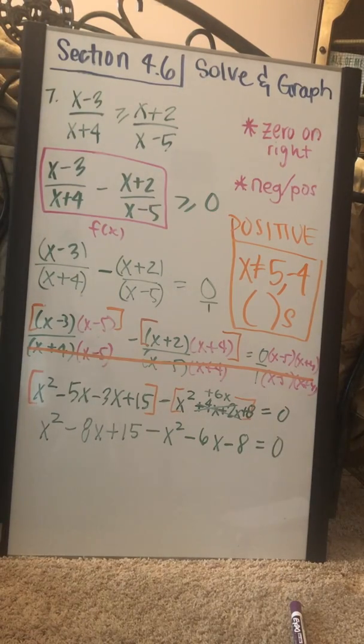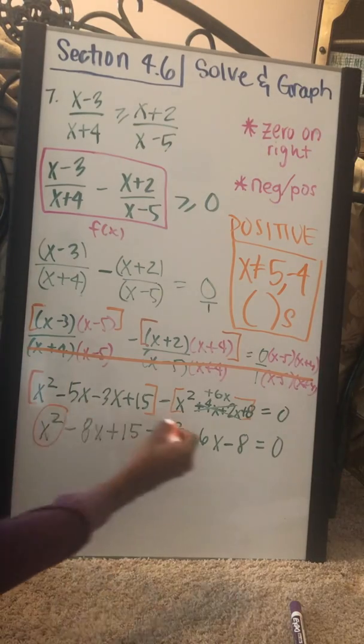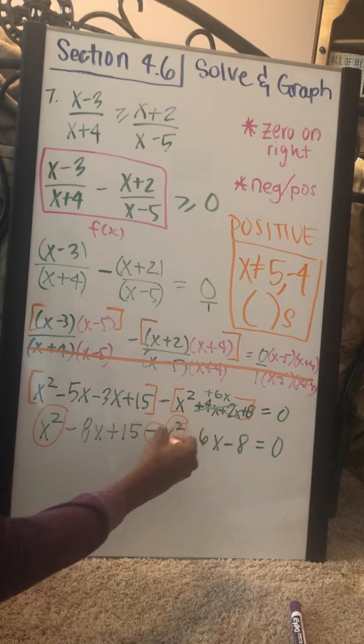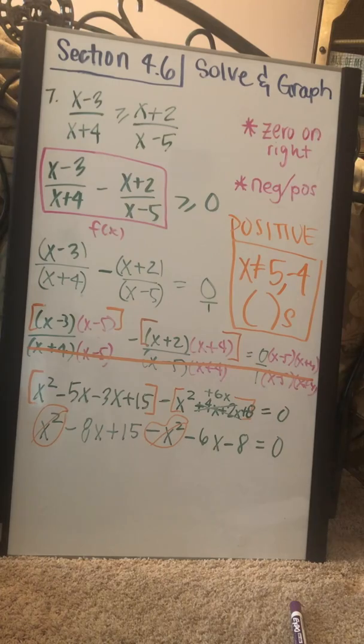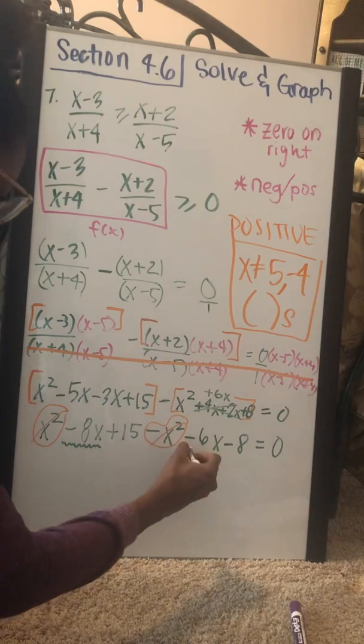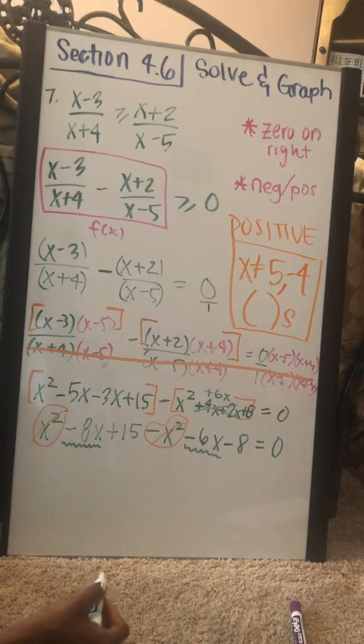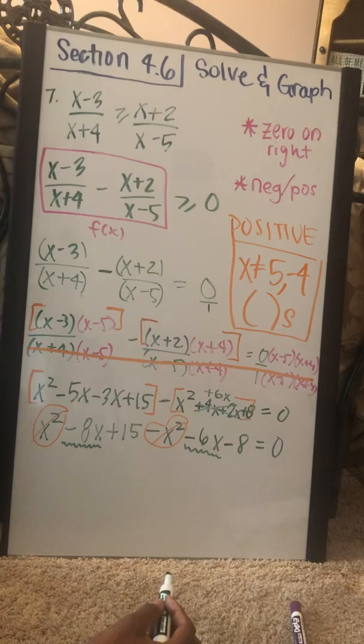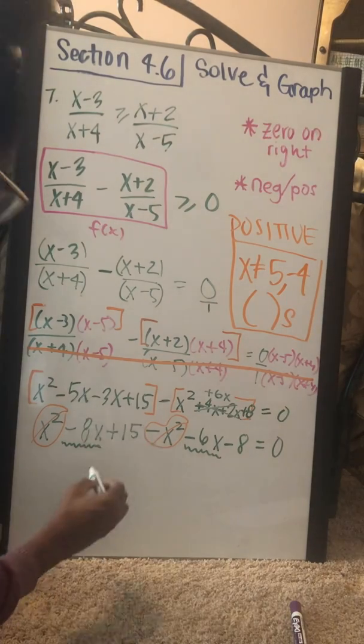And then we can combine our like terms. Luckily for us, this x squared and this negative x squared end up canceling each other out, which makes our life a lot simpler. Okay, we can combine this negative 8 and negative 6x together. So 6 plus 6 is 12, 13, 14.